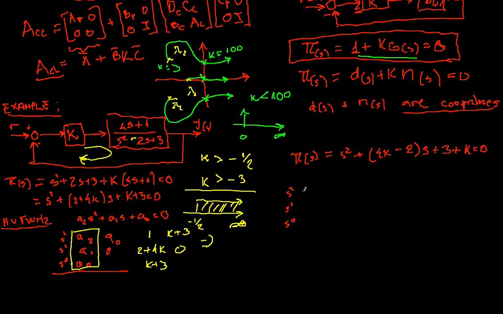We will have here 1, 3 plus k, then 4k minus 2, 0, and then 3 plus k. Okay, which implies that we will have k greater than 1 by half, and k greater than -3.